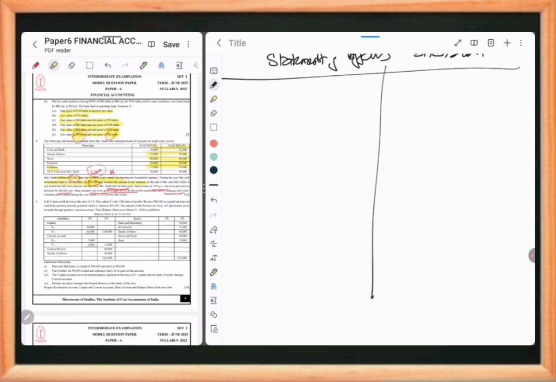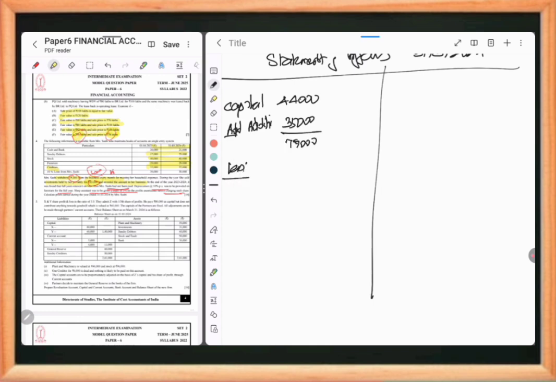What is the opening capital? Opening capital is 44,000, and then add additional capital. It is the sale proceeds of an investment sold, that is 35,000 he is bringing back to the business. So the total capital is 79,000, less drawings.